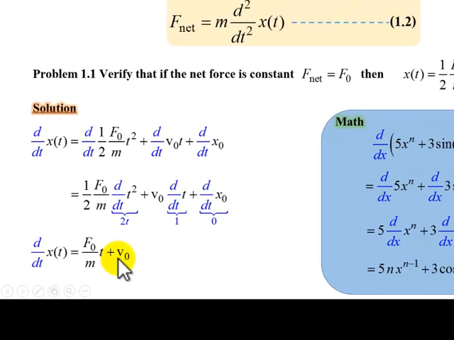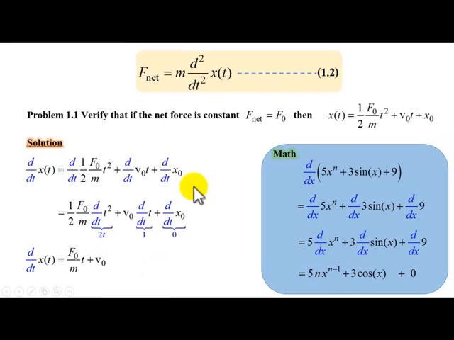But on the right-hand side of Newton's second law in equation 1.2, we need the second derivative. Therefore, we have to take the derivative one more time.